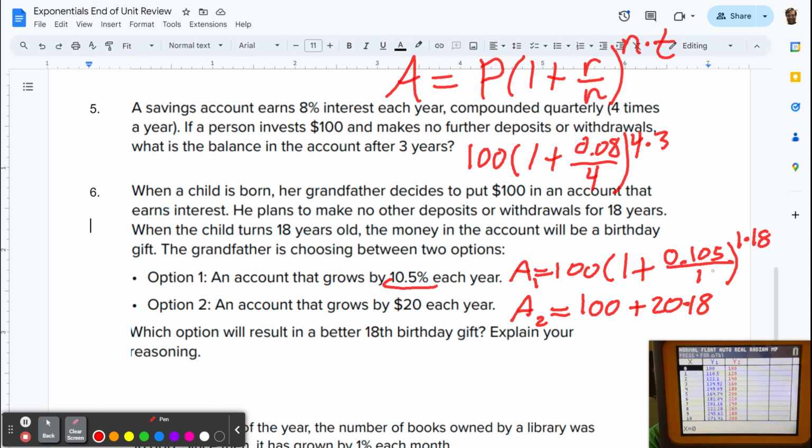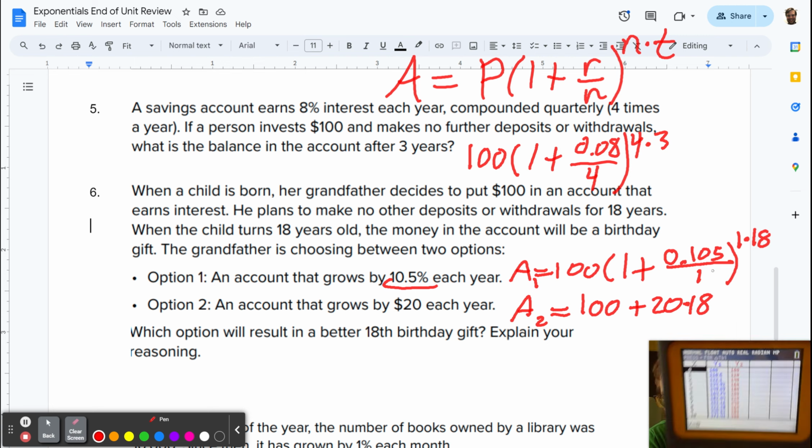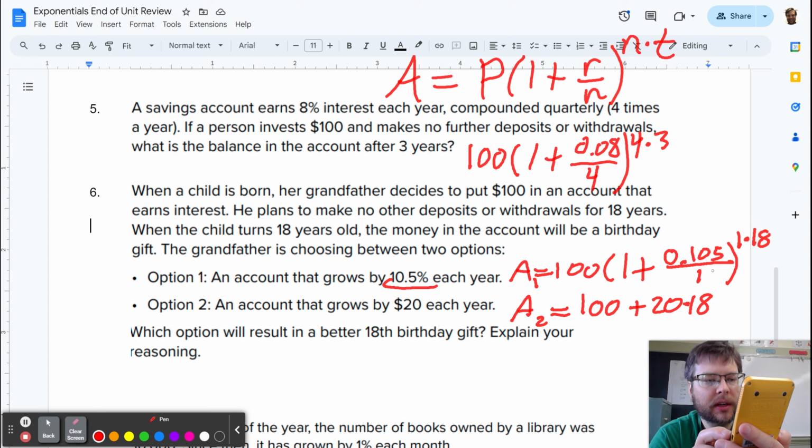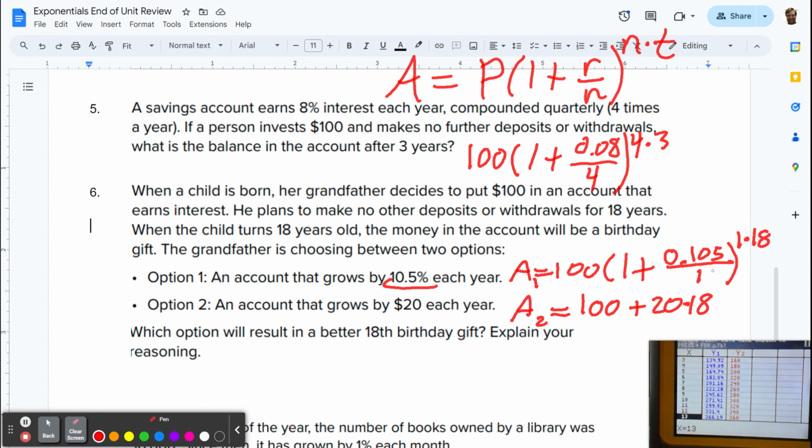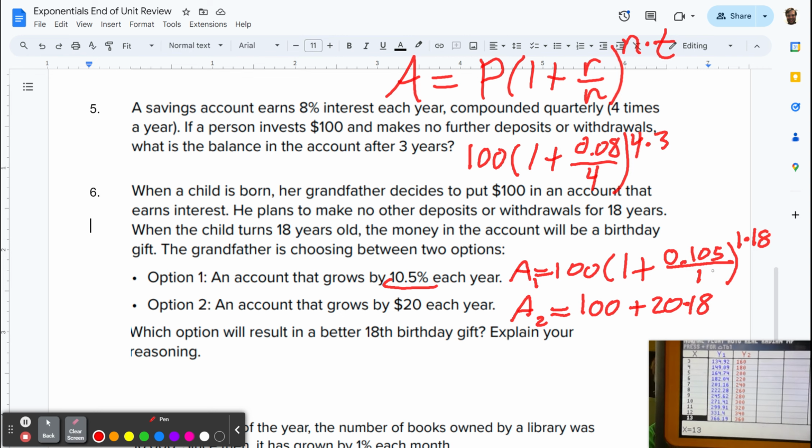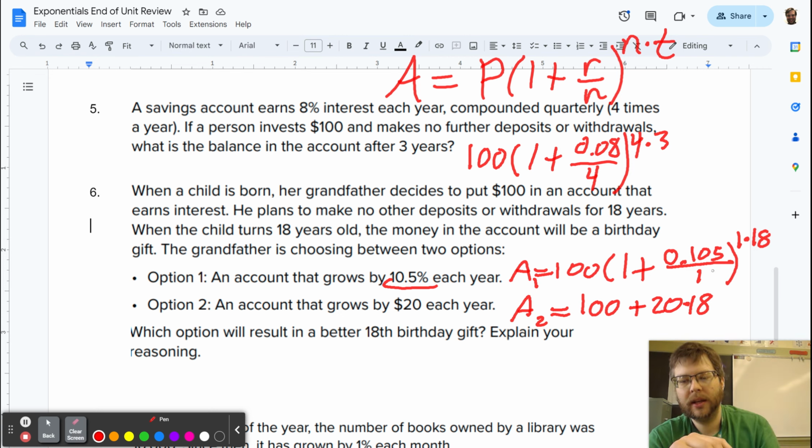But then by the time you get to, oh wow, not even in the first 10 years, there we go. So by the time the kid turns 13 is when that exponential growth starts winning. And after it starts winning, it's going to keep winning after that.